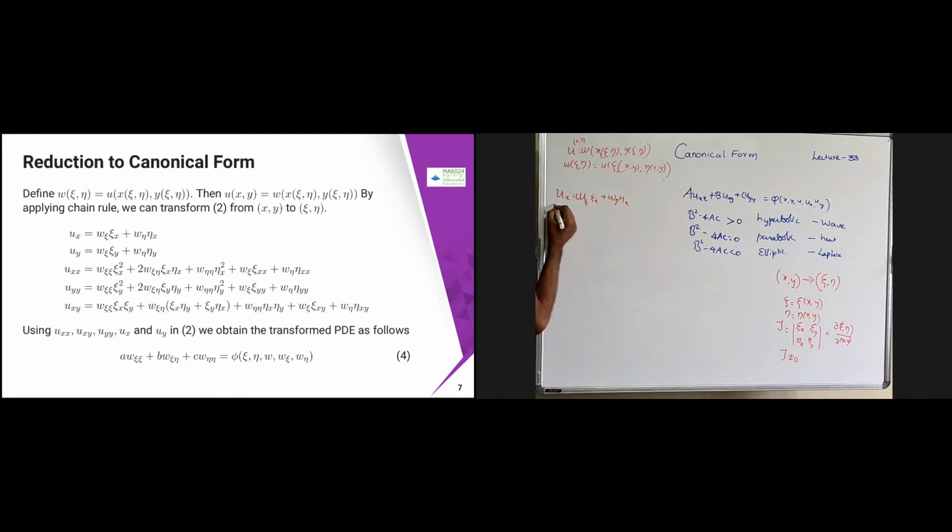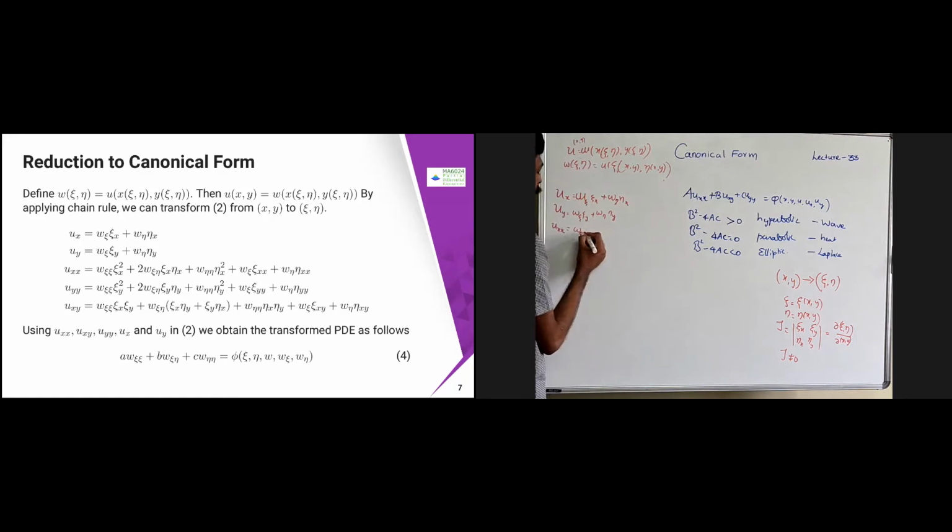Similarly, uy is going to become w chi chi y plus w eta eta y, and uxx is going to become like, I'm just going to differentiate the first time with respect to this one.